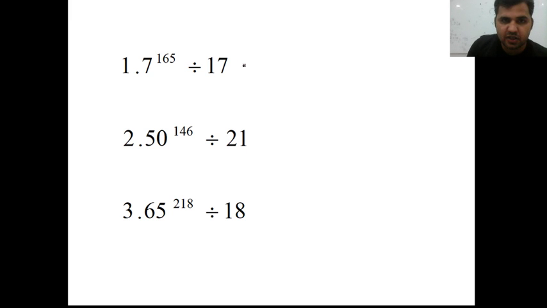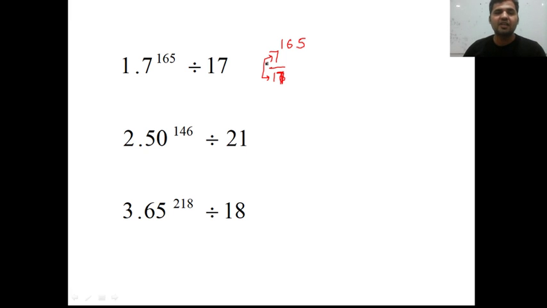So let me explain you the solution. See, when 7 power 165 is divided by 17, as per the Euler remainder theorem, you are supposed to check first whether 7 and 17 are co-prime with each other or not.